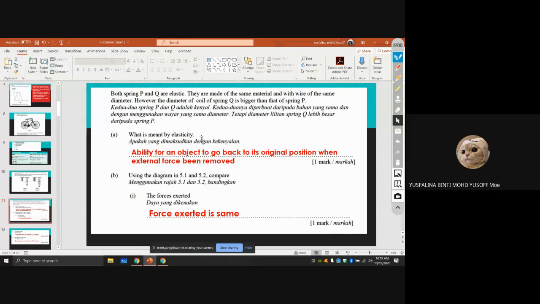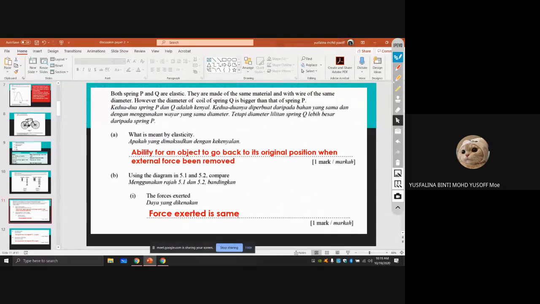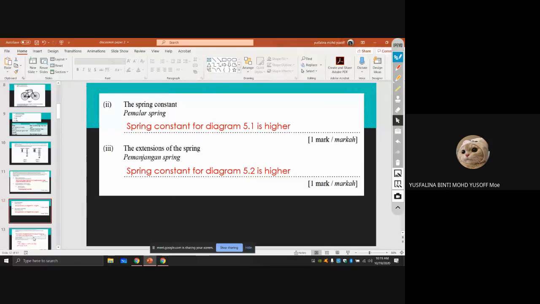Okay, for B, using diagram 5.1 and 5.2, compare the forces exerted. Since it uses the same load here, it means the force must also be the same. Okay, force exerted is the same. Right, the next one, the spring constant. The spring constant for diagram 5.1 is higher.